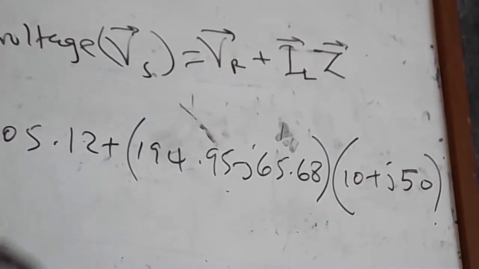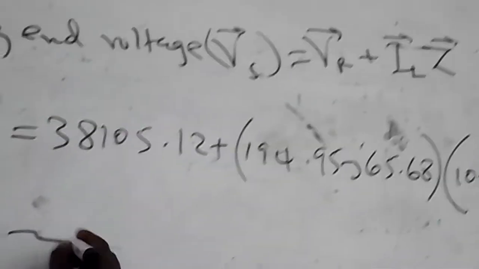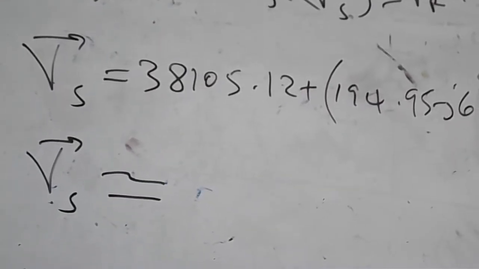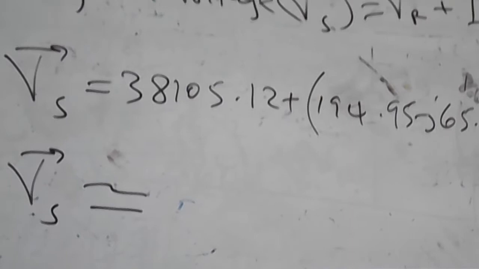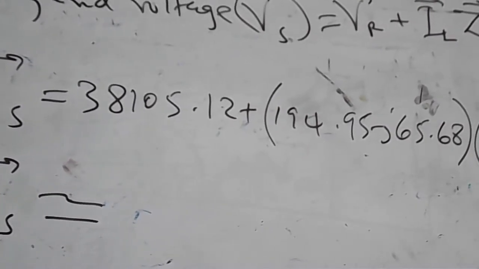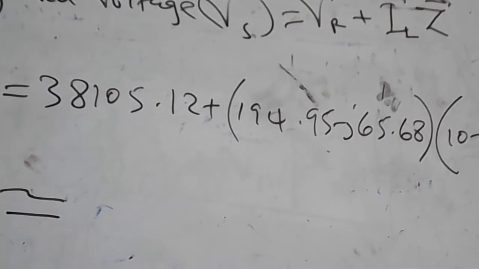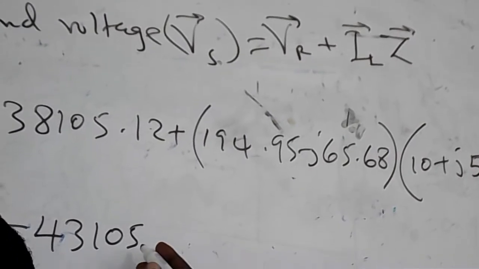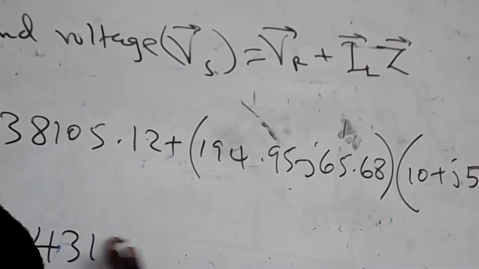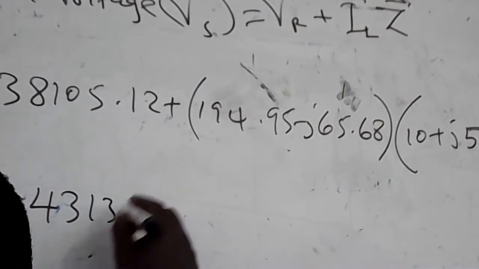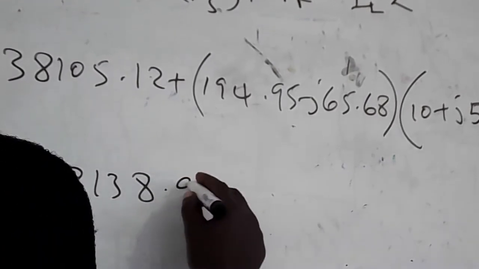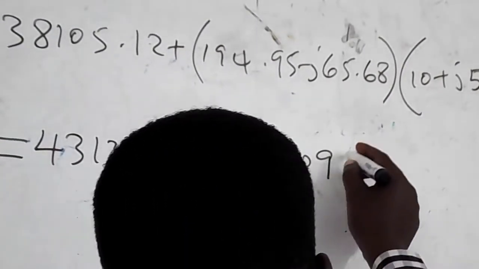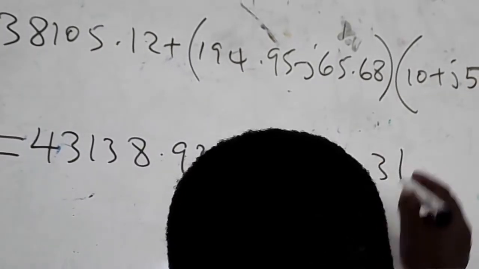So that equation is solved to give us approximately 43,138.93 plus j8090.31.